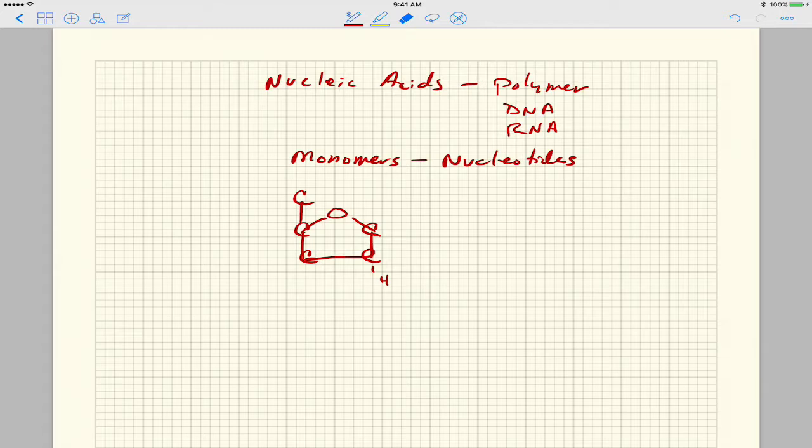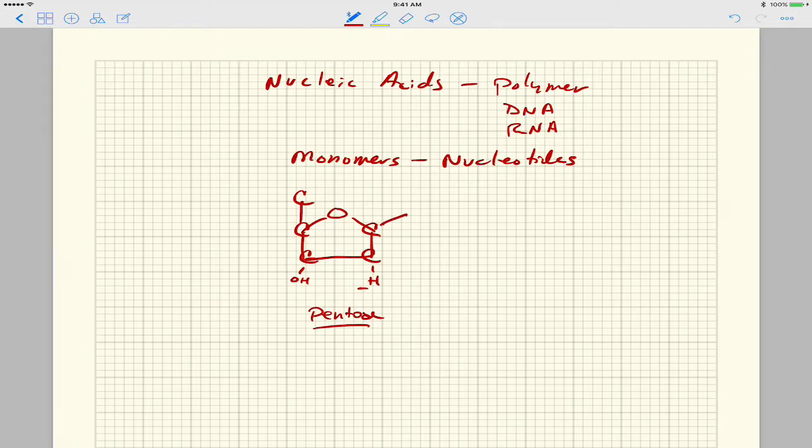So I'm going to leave it as deoxyribose just because DNA is something that most people have heard more about, so we'll leave it as DNA. There's a little OH on this side. There would be other OHs and H's there, but I don't want to complicate the drawing anymore. So this is a 5-carbon sugar called a pentose sugar, and again, specifically, this is deoxyribose because of that missing oxygen right there.